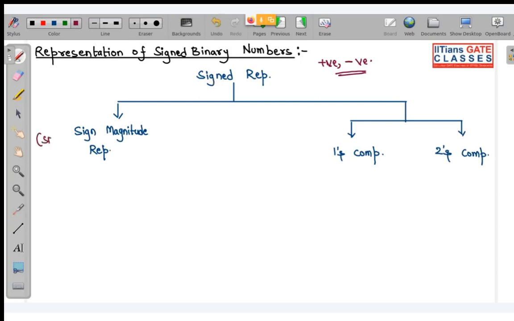One is sign magnitude representation, another is complement form. Now in complement form we have two more classifications. We can represent a negative number using one's complement as well as using two's complement.